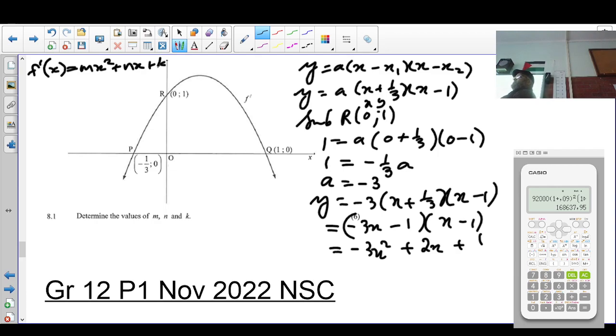So my m value is -3, your n is 2, and your k is 1, as the question is to determine the values of m, n, and k.